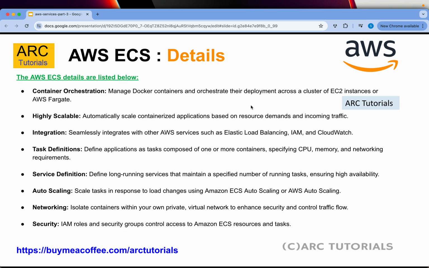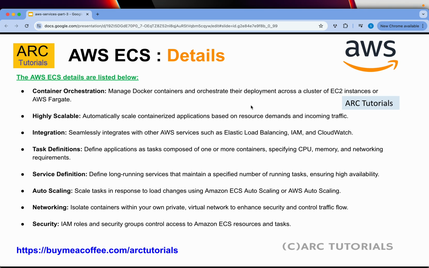ECS is a container service, which means it will be used for orchestration of all the Docker containers. It's highly scalable as it automatically scales containerized applications. There is seamless integration with other AWS services like Elastic Load Balancing, IAM roles, CloudWatch, and much more.